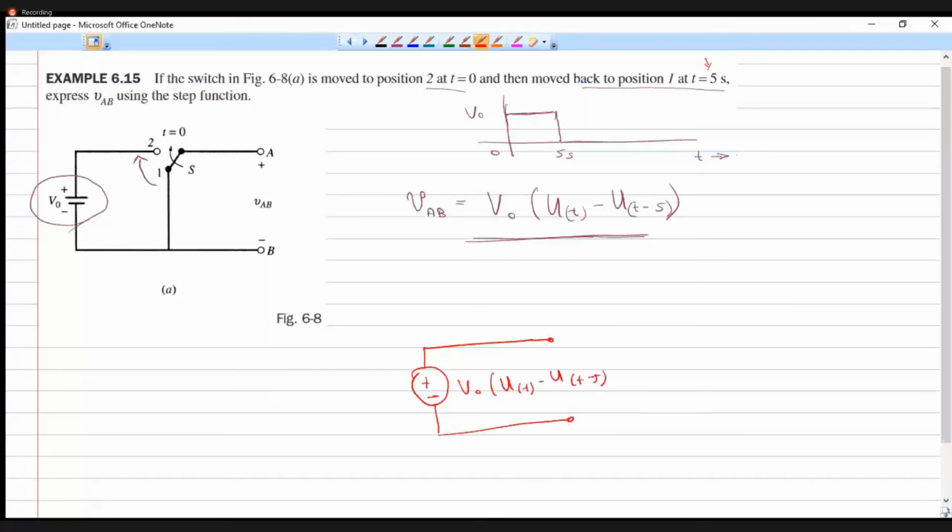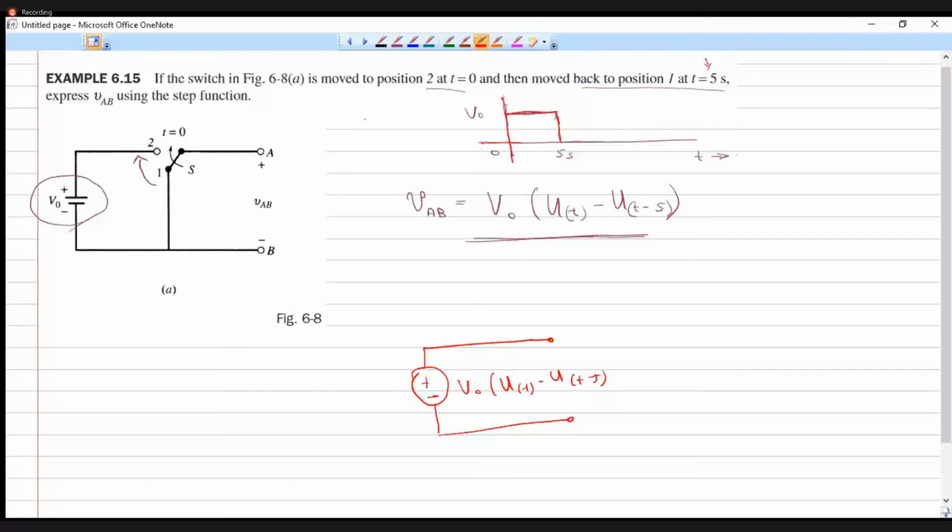So up to 5 seconds we have the voltage v naught. Then after that we subtract the unit step function, so that it becomes equal to 0. So this is the typical voltage as seen across the terminal AB when the switch is thrown to position 2 and then thrown back to 1.